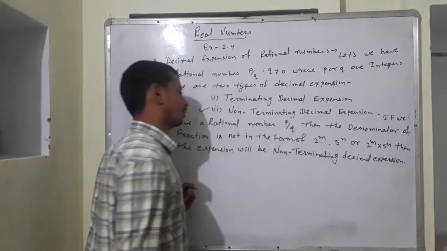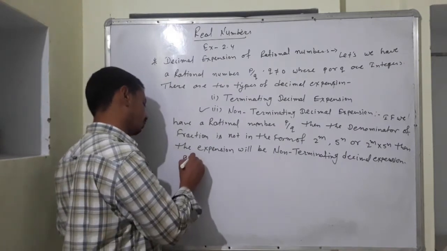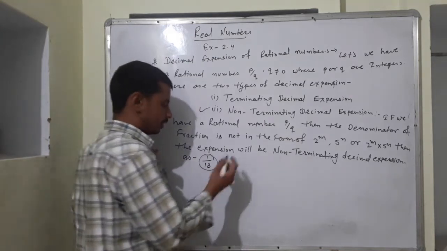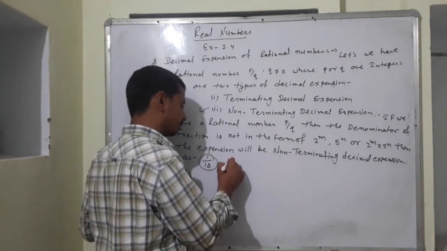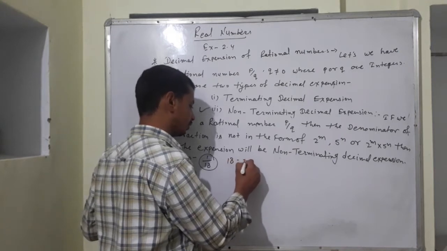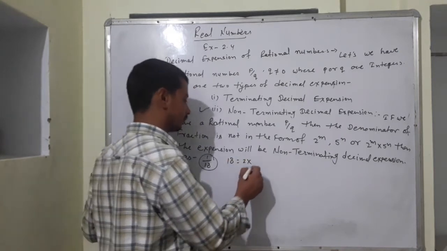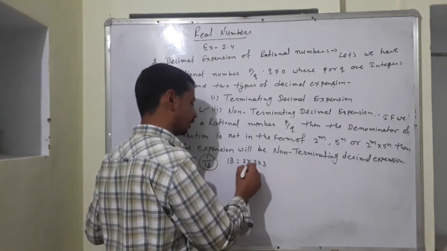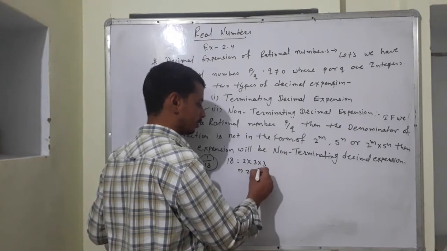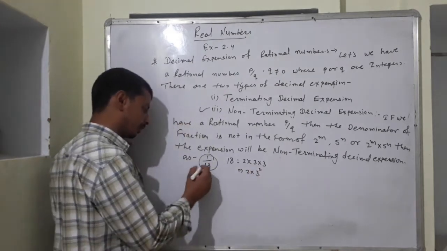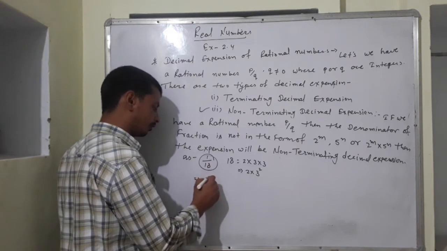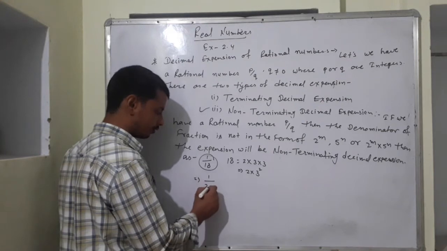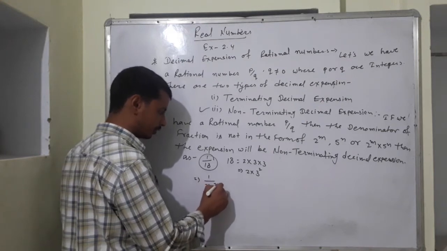Okay, for example, 1 upon 18, and the prime factorization of the denominator 18 equal 2 multiply 3 multiply 3. Okay, and we can write in the form of 2 multiply 3 power 2. So we can write 1 upon 18 equal 1 upon 2 multiply 3 power 2.